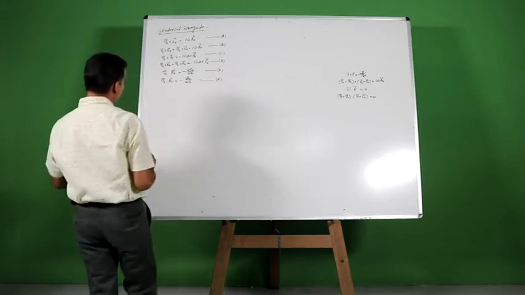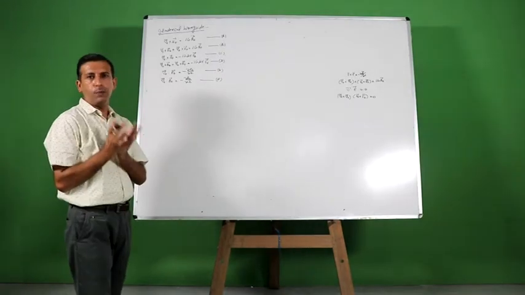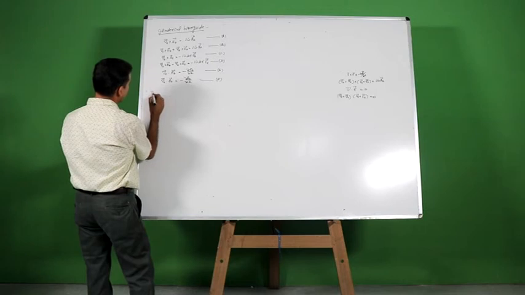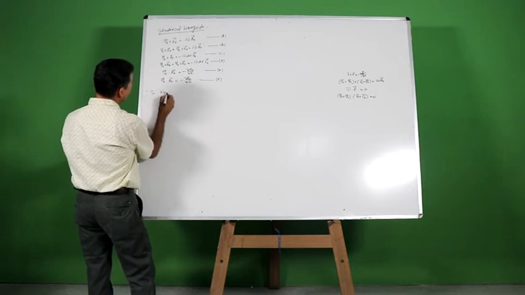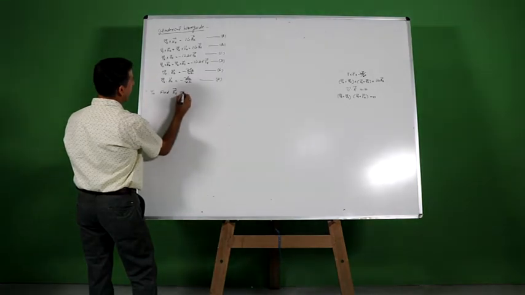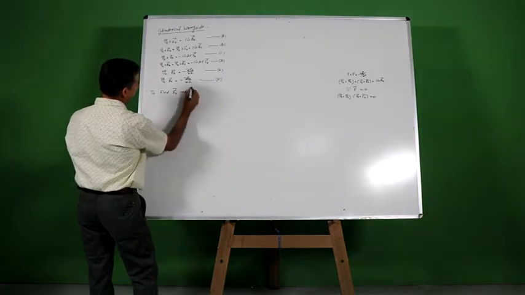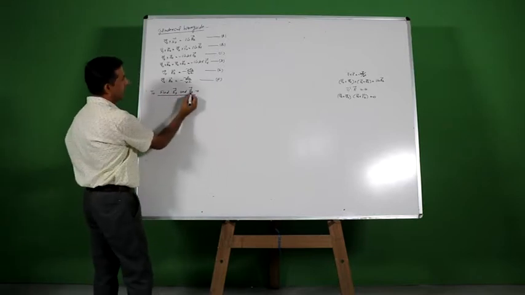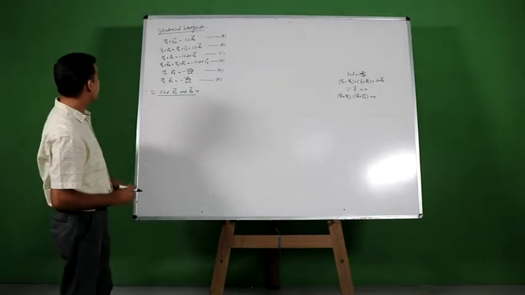Now we have to find the transverse components of electric field and magnetic field. So next is to find E_t and B_t, that is the transverse component of electric field and the transverse component of magnetic field.